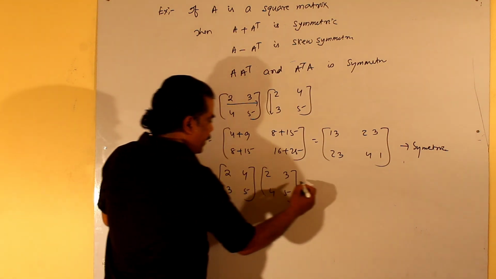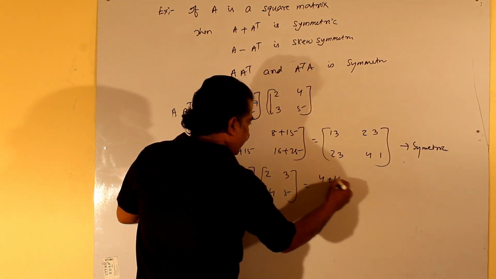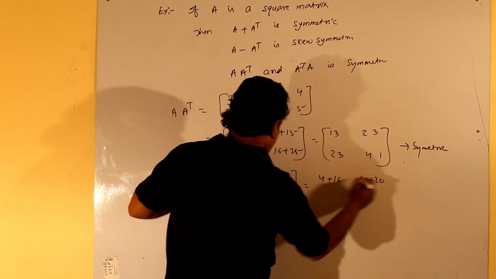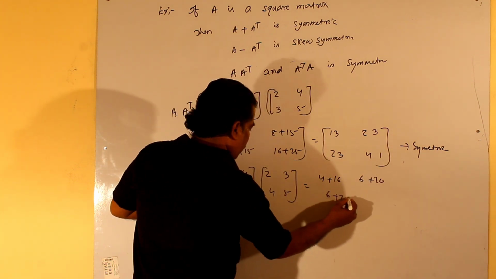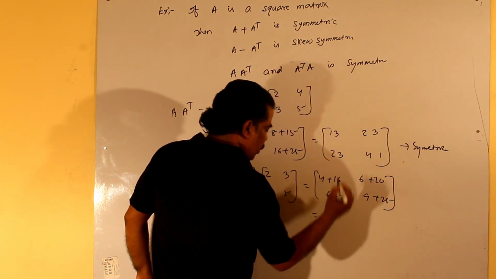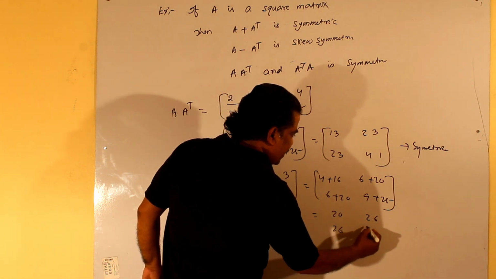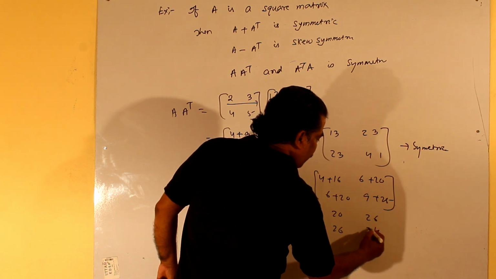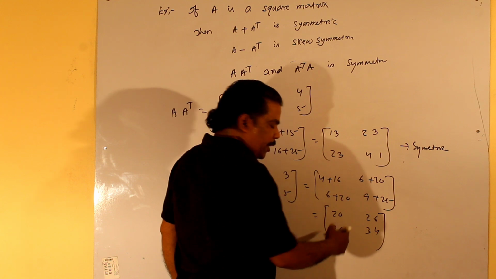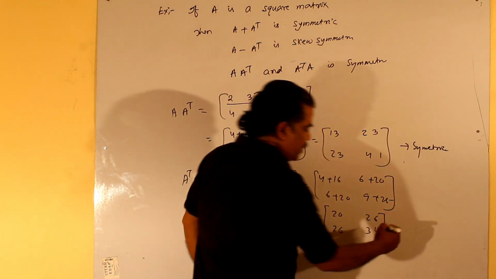When you multiply, that is equal to 4 plus 16, 6 plus 20, 6 plus 20, 9 plus 25, and that is equal to 20, 26, 26 and 34. Here A12 is equal to A21. It is a square matrix, so it is symmetric.